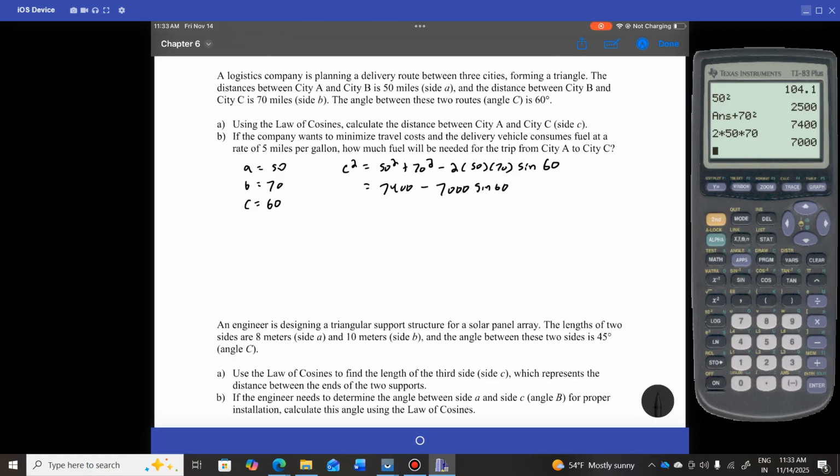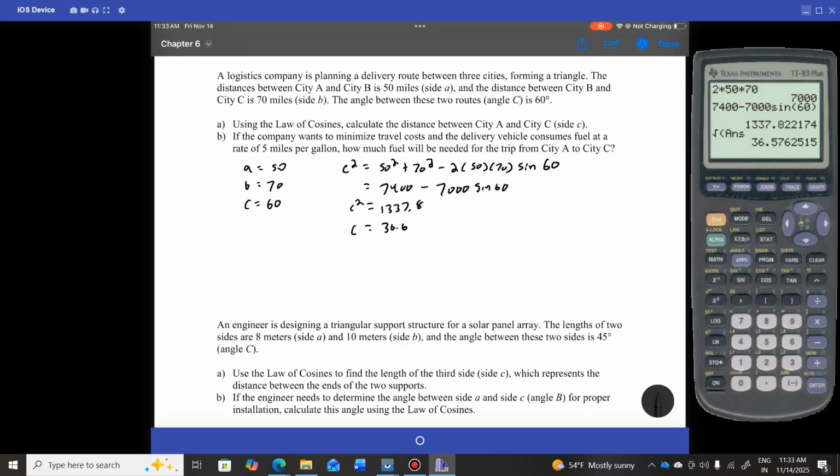And so 7,400 minus 7,000 sine 60 is 1337.8. So take the square root. We get 36.6. Okay, that's your distance between the two.